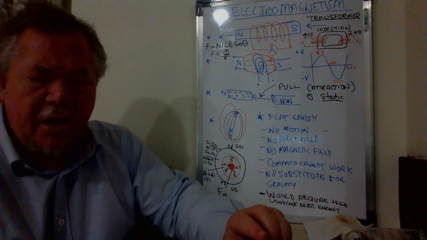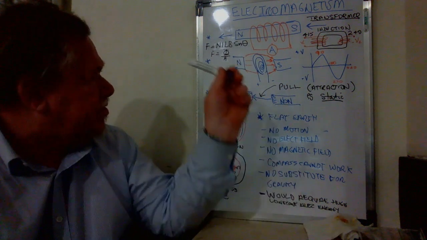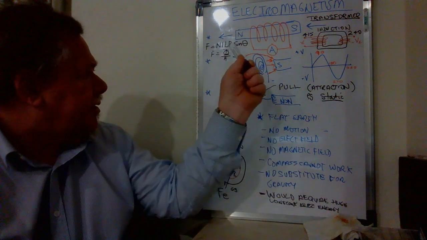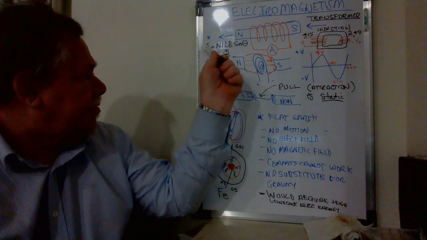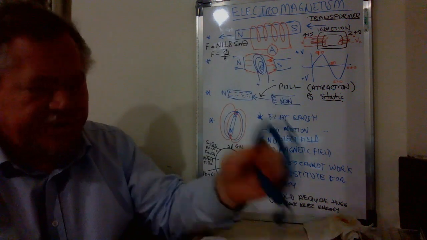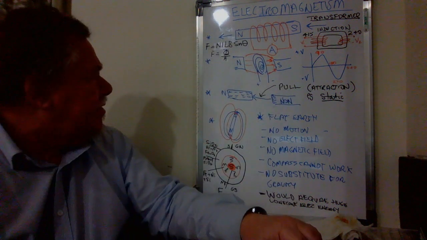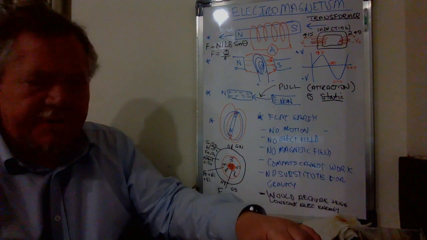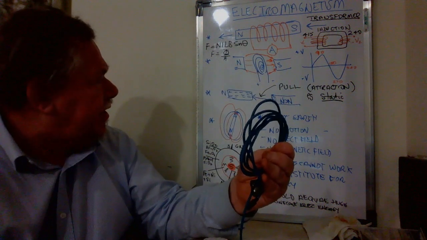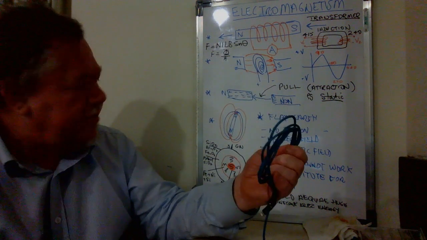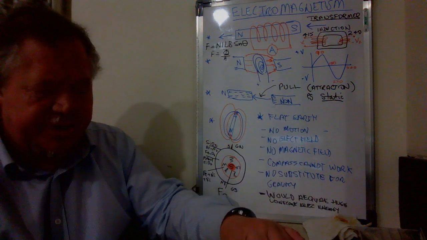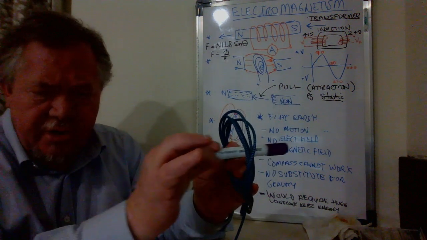F equals NILB. So F is the force, which is equal to, so this will be the magnet, this will be the field force, will be equal to the number of turns, how many turns there are in the coil, times the current, times the length of the wire that's in this coil, times the magnetic field strength, times the angle at which this goes through.